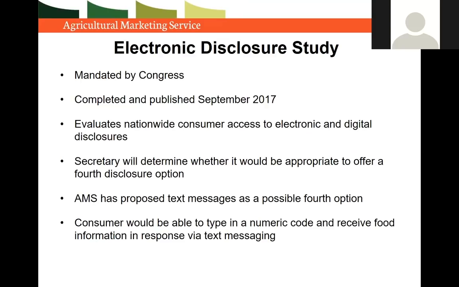Now, in compliance with the amended Act, USDA completed a study to identify potential technological challenges that may impact whether consumers would have access to the bioengineering disclosure through electronic or digital disclosure methods.